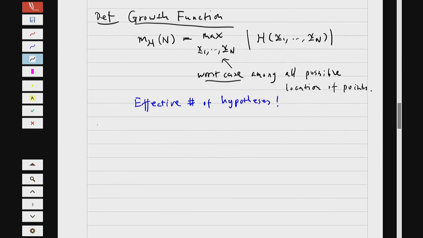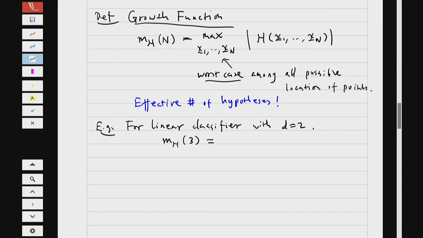So let's look at a quick example of this growth function. If we have a linear classifier, so this is our learning model, with d equals 2, so basically linear classification in 2-dimensional space, what is the growth function of 3?